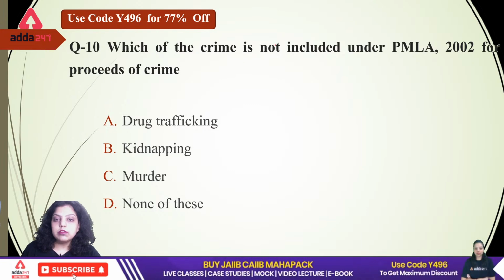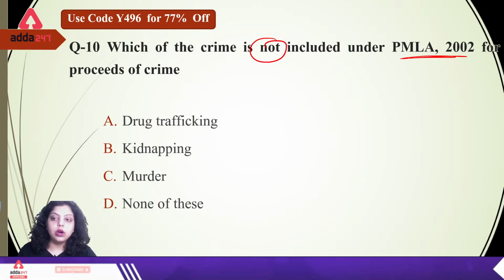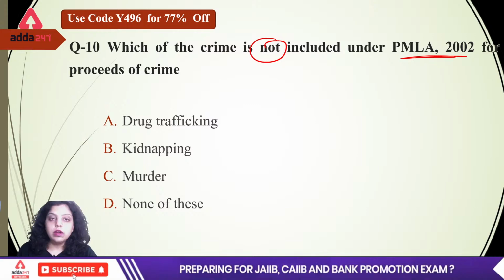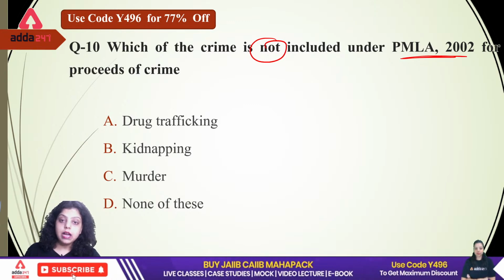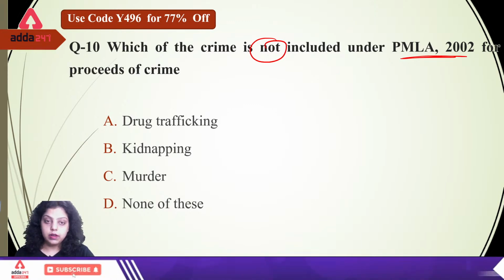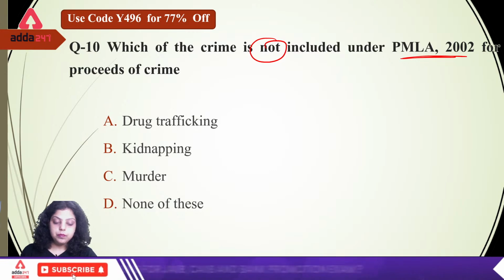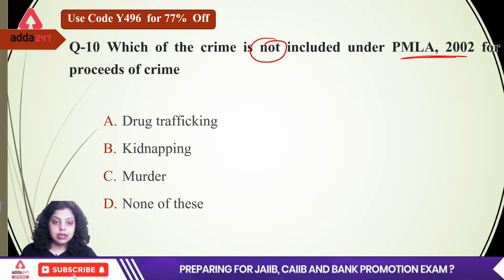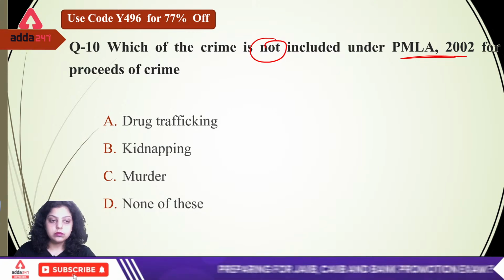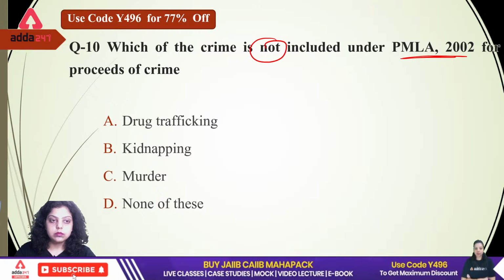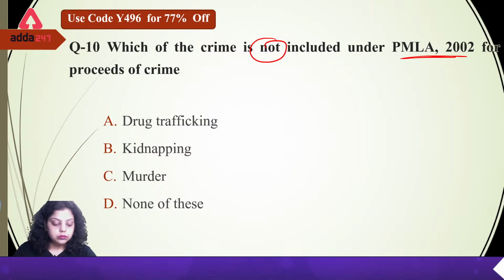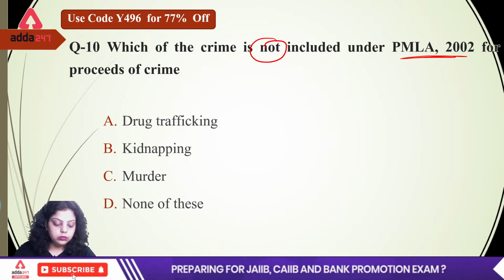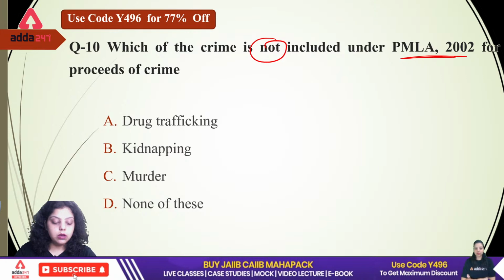Which of the crimes is not included under the PMLA Act 2002 for proceeds of crime? So which of the following crimes are not included under the Prevention of Money Laundering Act? Is it drug trafficking? Is it kidnapping? A, B, C or D?